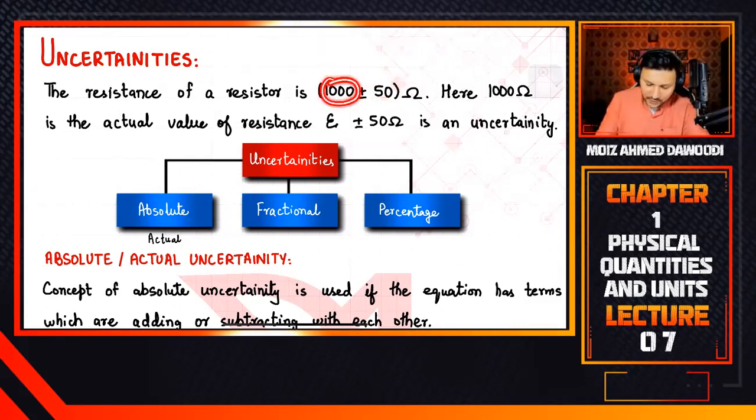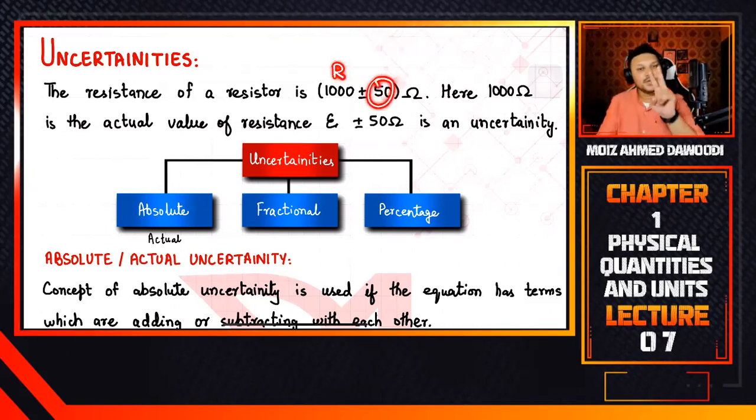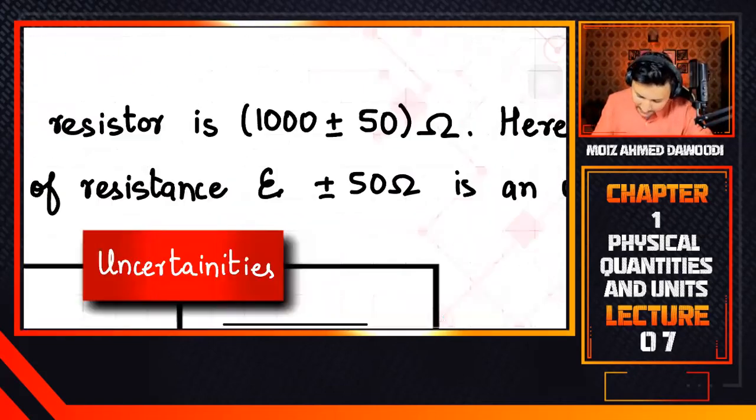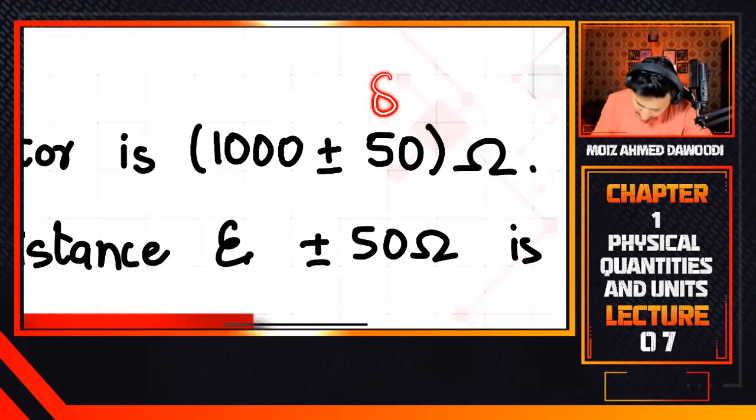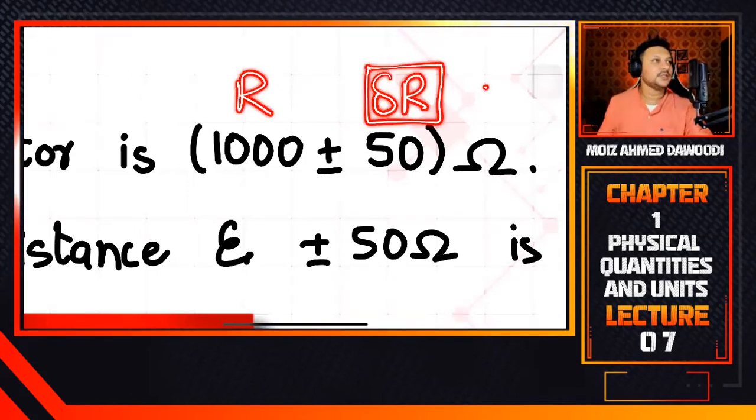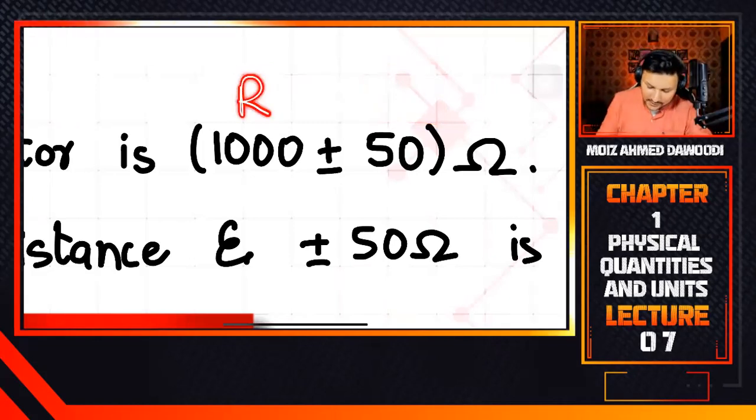If you ask what this is, this is the actual value. If you ask what this is, this is the uncertainty. Now there are two ways to write uncertainty. Method number 1, you can write uncertainty like this. So this is resistance and this is how you write uncertainty in resistance. Or you can also write uncertainty as this.